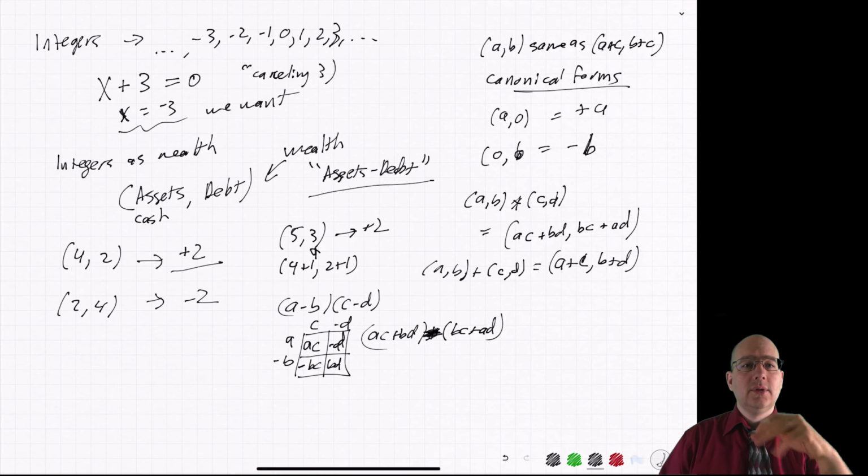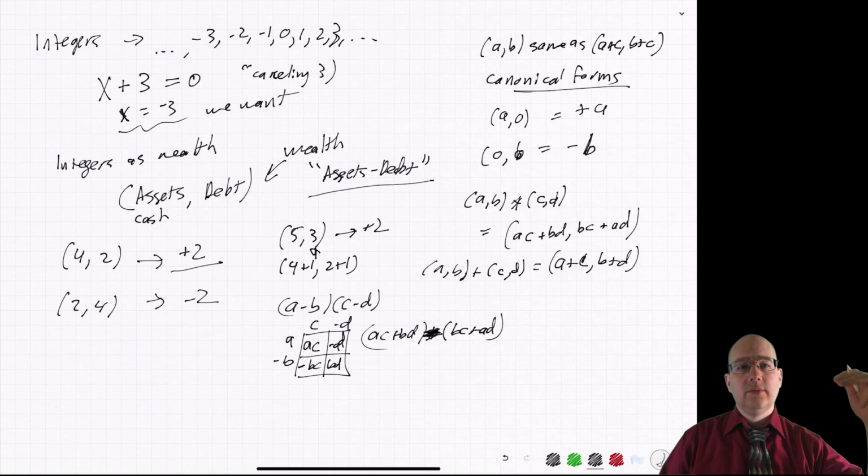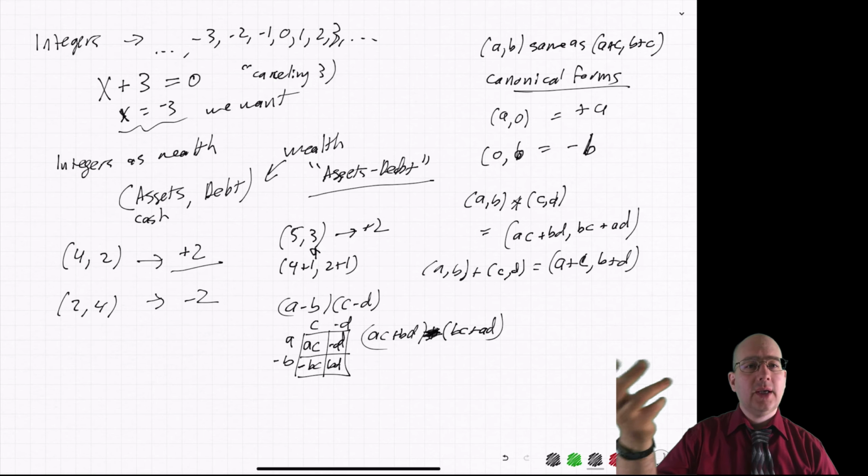So that's lowering the asset part by 3, which is the same as raising the debt 3 times. So that's why the negative times the positive is negative, and then negative times negative, it's like you're repeatedly removing a debt, which is the same as adding to your assets.